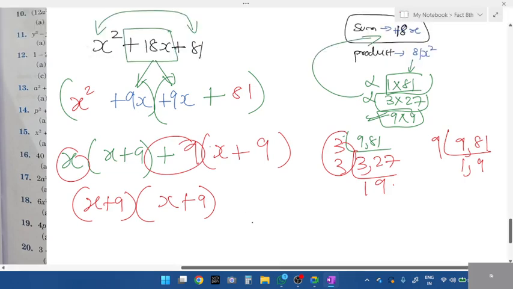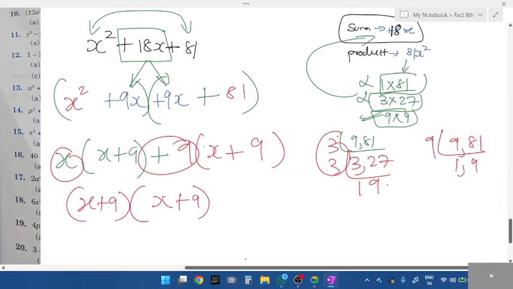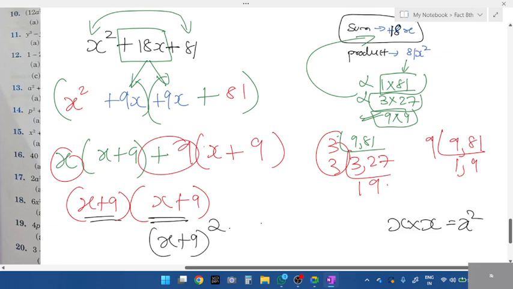Same method? Now what is x into x, students? Here, how many times is the base multiplied? Can you see the base? Yes. So you can write the final answer like this: x plus 9, the whole square, is the answer.